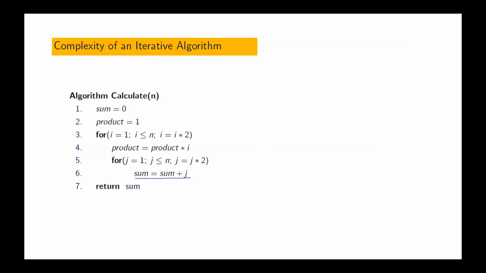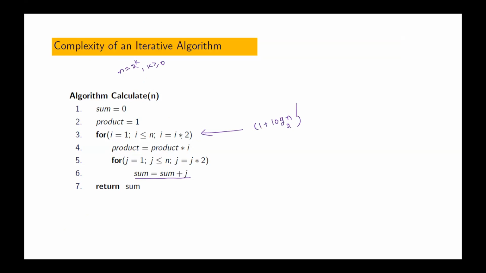This example we have already seen, no? How many times is it repeated? If I assume that n is of the form 2 power k, it is repeated 1 plus log n base 2 times, no? Is that correct?